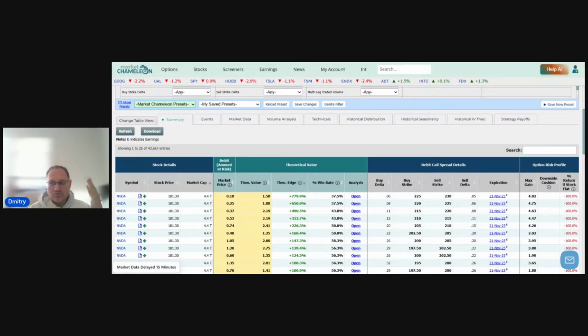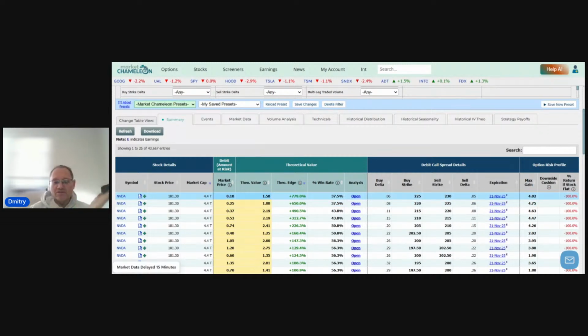But within those symbols, there are lots of different potential combinations when you do a call spread, because you're buying a call on one strike and selling a call on a higher strike within the same expiration. In this situation, it's a bull call spread. There are different strike combinations, and there are different expirations as well that you can do a call spread in.